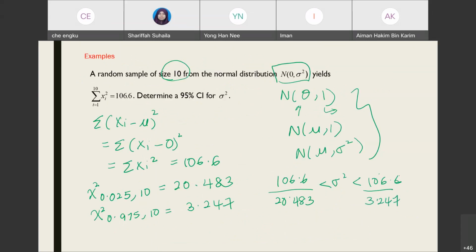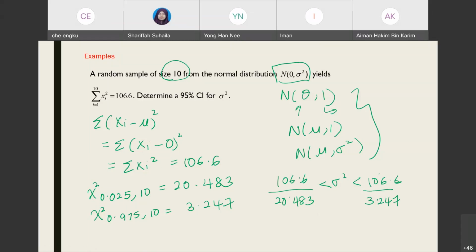Okay. And then give the answer in at least 3 or 4 decimal places. If it is exactly 2, or say 0.210, then it is okay if you take 0.1.